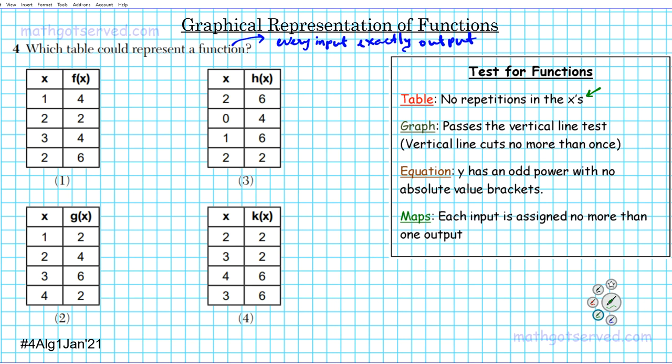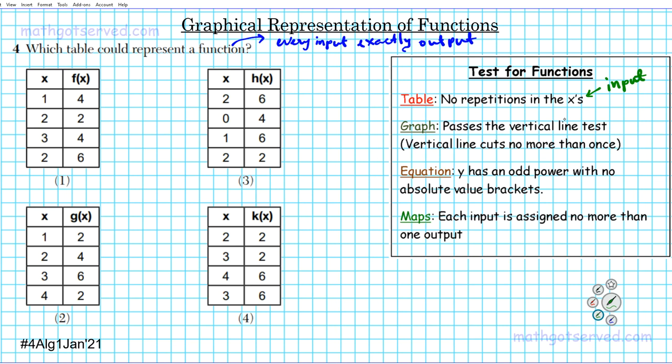All right, look for any table that has repetition in the x's. If there's a repetition in the x's, that's a situation where you have one input going to two different outputs. So that violates the definition of a function. All right, so no repetitions in the x's on the table shows that it's a function.